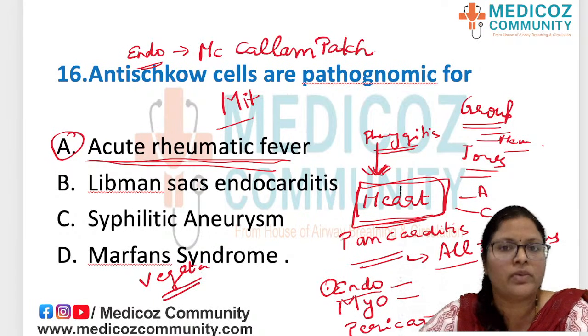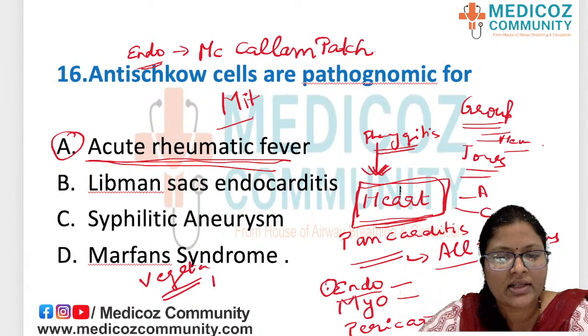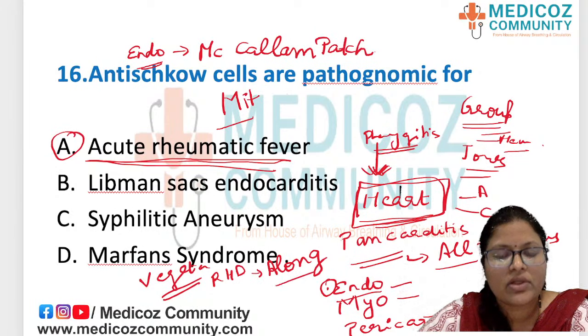Here we are discussing only rheumatic heart disease, and in rheumatic heart disease the vegetations are along the line of closure. This is a question again.